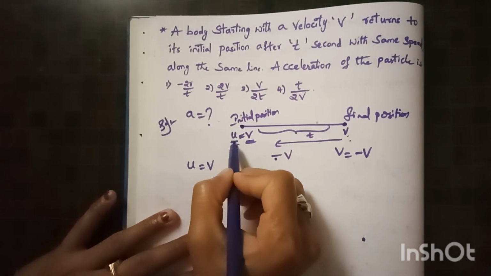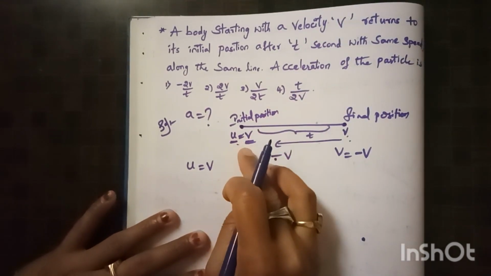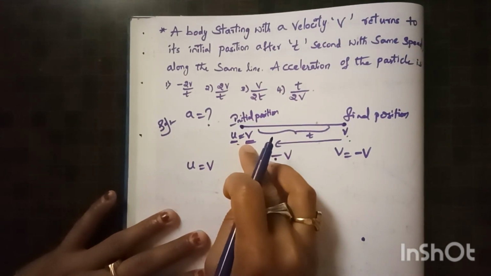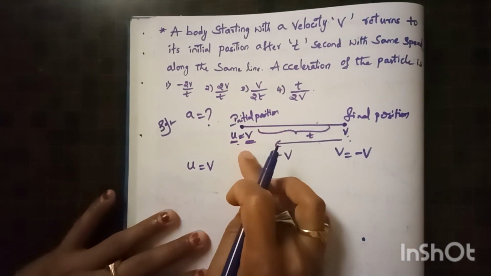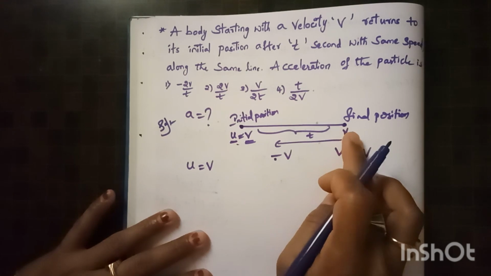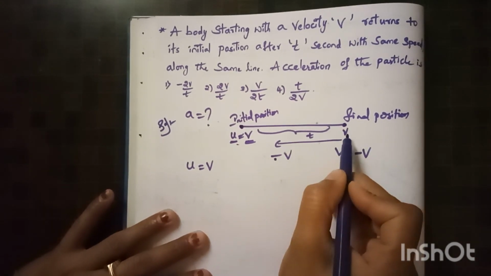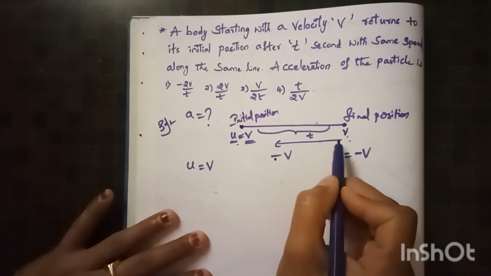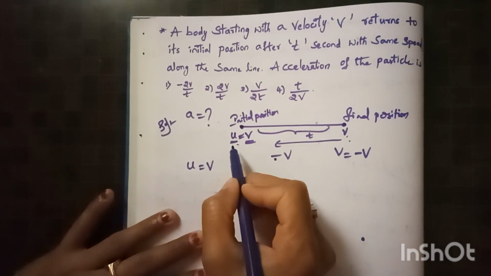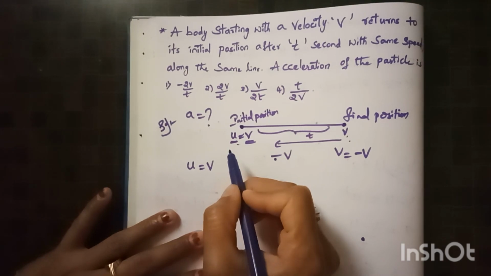They said it returns back to the initial position, which means it has moved and reached some point with final velocity v, and then returned back from the final position to the initial position. Coming back means opposite direction, so a negative sign, because displacement, velocity and acceleration have direction.